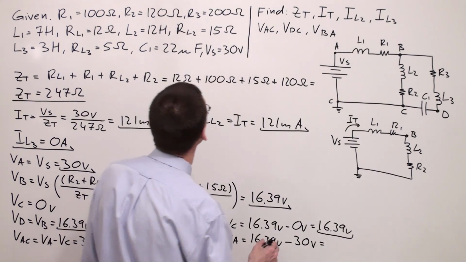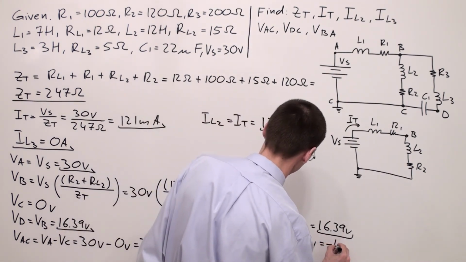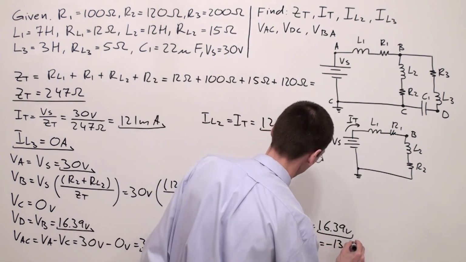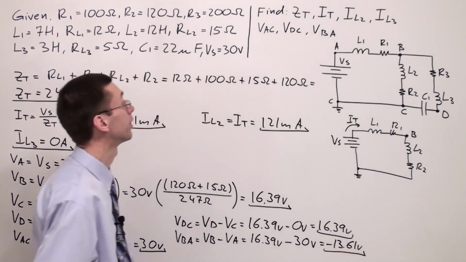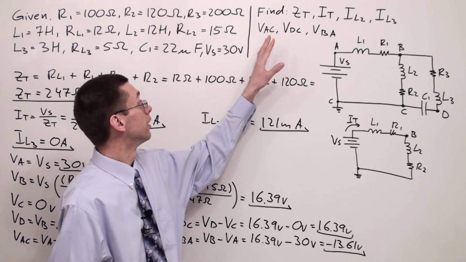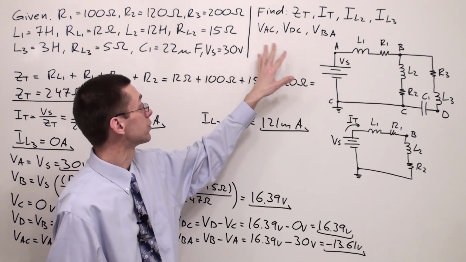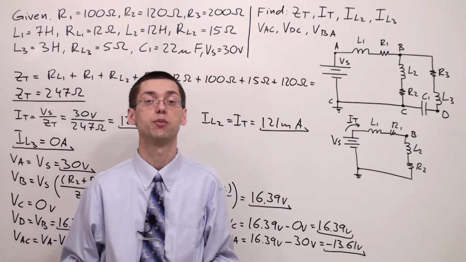This is equal to negative 13.61 volts. So we found the impedance, we found all currents, all voltages, so we can say that the problem is solved.